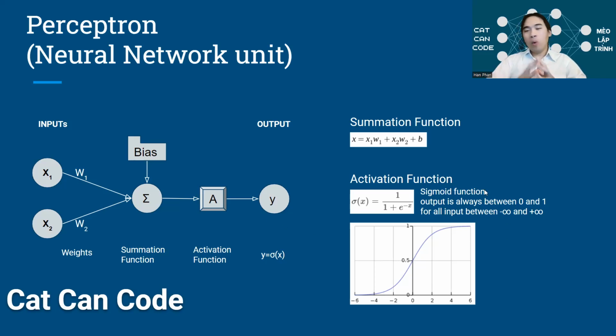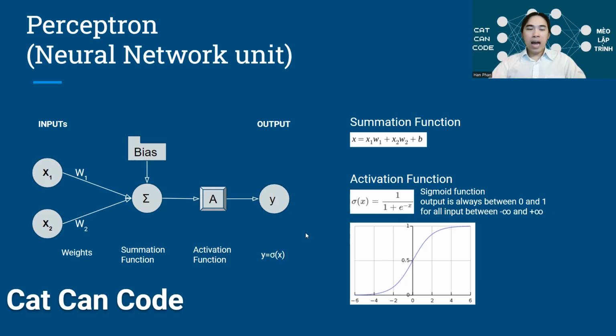There are many reasons why the sigmoid function is very suitable for neural networks. But one of the key things I can tell you right now is that no matter what input this function takes, it always returns a number between 0 and 1. So it can squash a wide range of input from minus infinity to plus infinity into the range of 0 and 1, making it very easy to interpret the output.